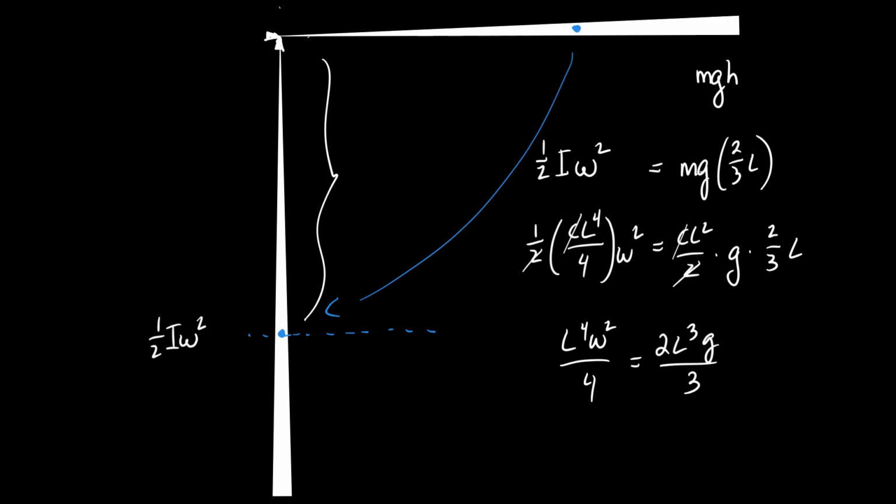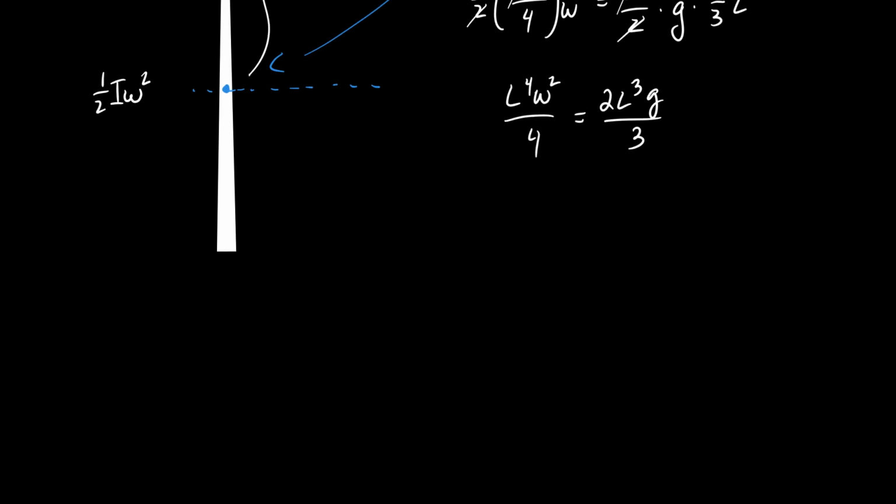Intermediate step. So I'm going to have 8g over 3L equals omega squared. I think my algebra is good there. You guys are good at algebra. Did I do okay? So take the root.